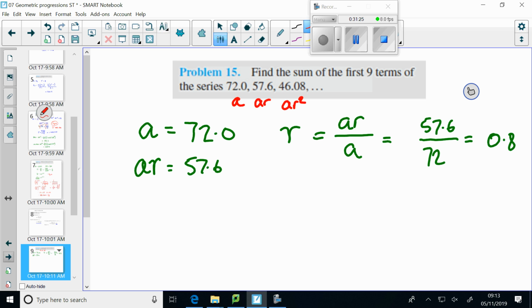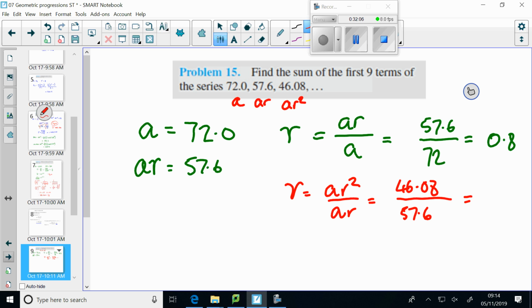Yeah. If you've got any two terms, you can find the common ratio. Alright? Because equally, if we do AR squared, which is that term, over AR, we should still get 46.08 divided by 57.6.